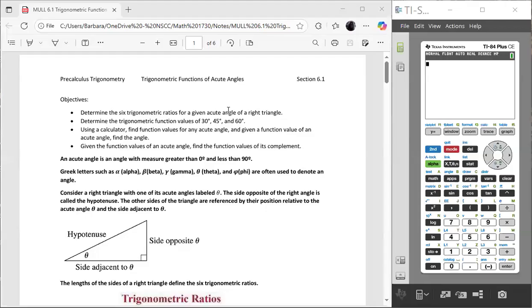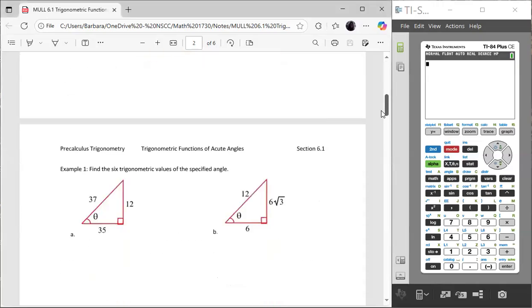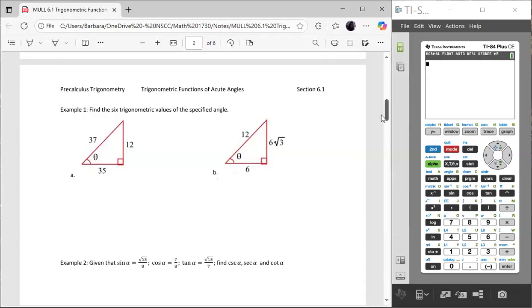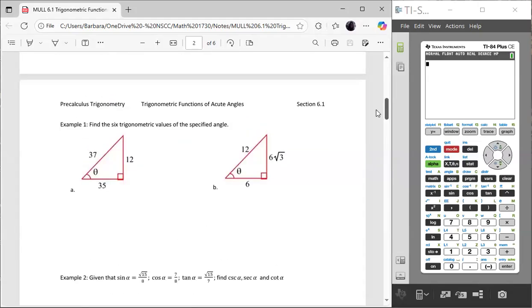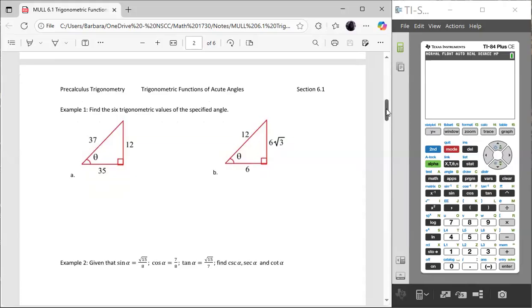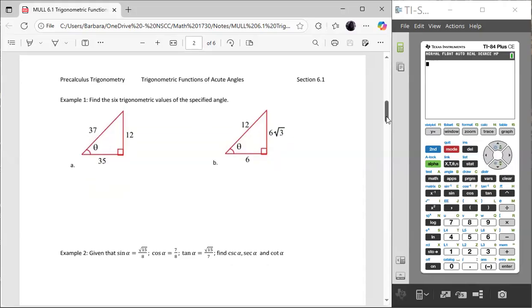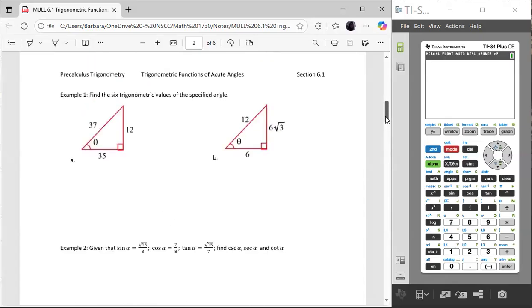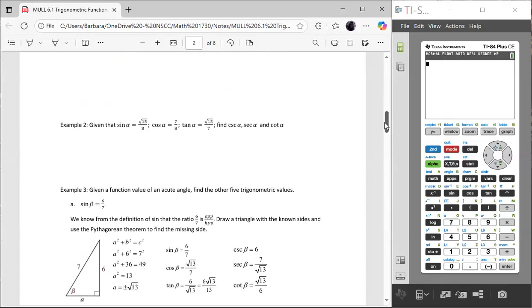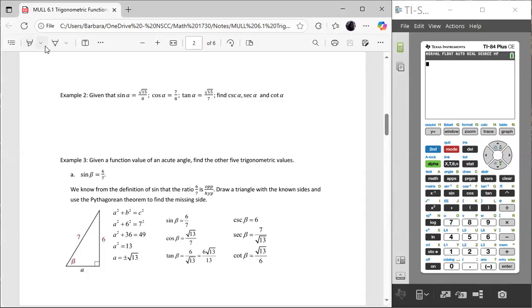This is our trigonometry section 6.1, part 2, where we will be evaluating functions and identifying the 6 trigonometric functions in various problems. So in example, we've done already 1, and we're now going to go to example 2.